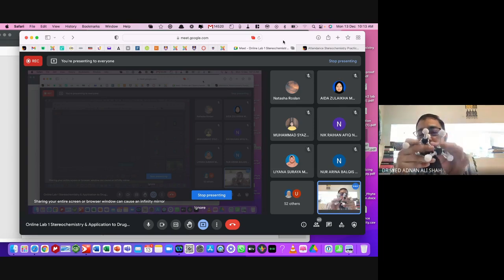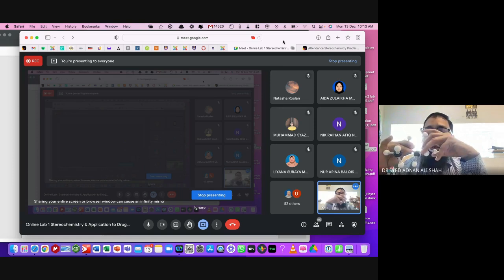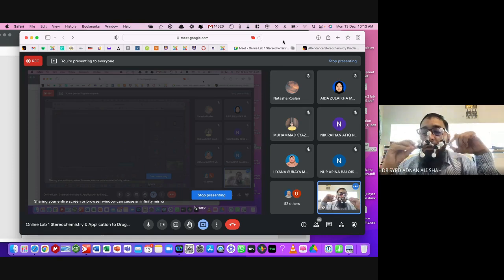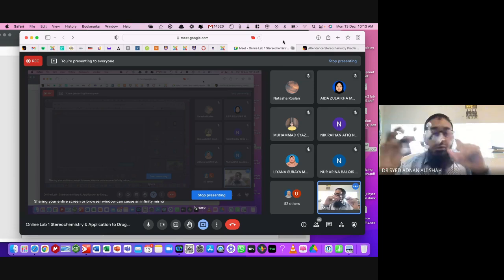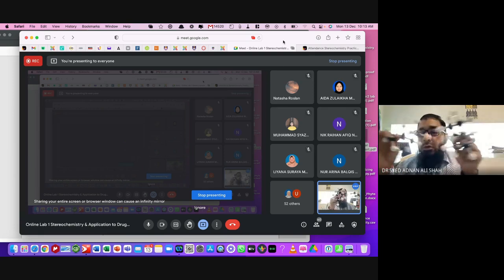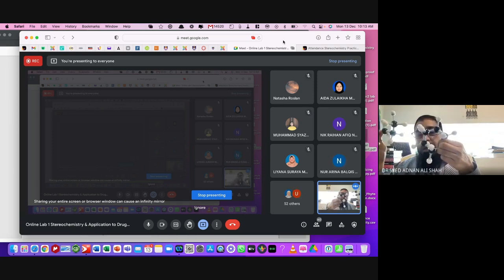In this one you can see the CH3, with 3 hydrogens, 1, 2, and 3 hydrogens, so it is a methyl group. This CH2 is methylene, this is also CH2 methylene, and this is the methyl group, right? So this is n-butane, and this one is the cyclohexane.